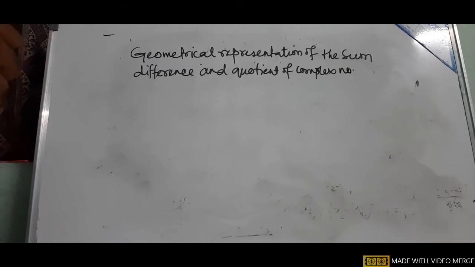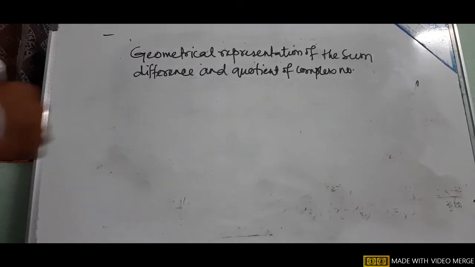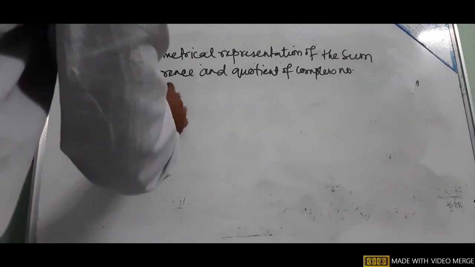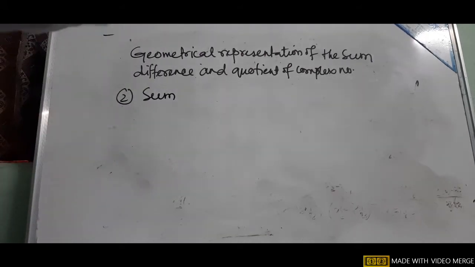So how is the sum represented? Firstly, the sum of the two complex numbers, how is it geometrically represented?